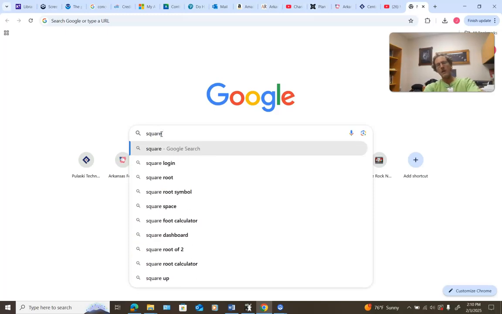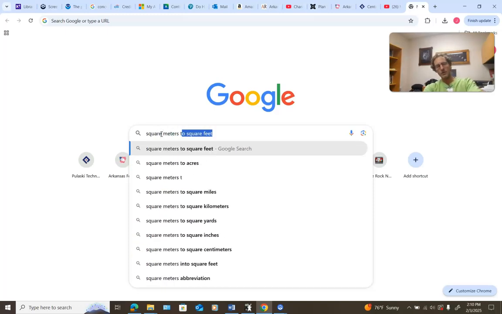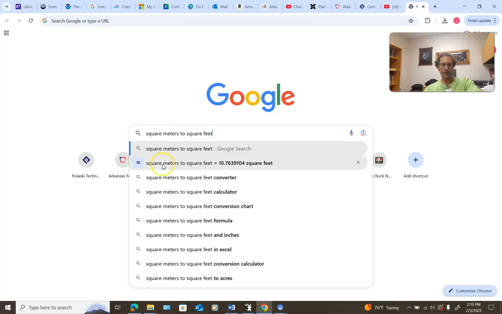You can type in here, square meters to square feet, and it just pops up right here. We'll go with 10.76. 1 square meter is equal to 10.76 square feet.